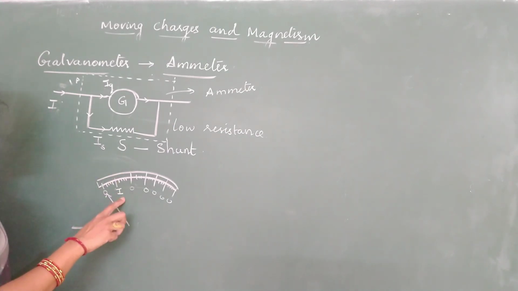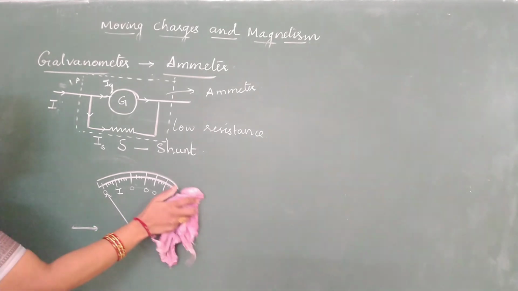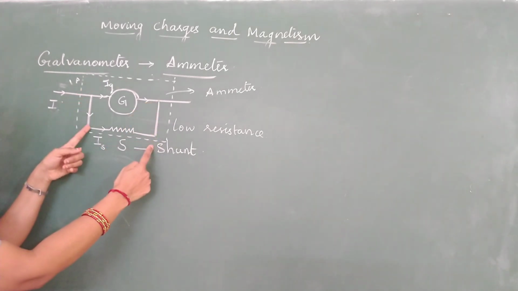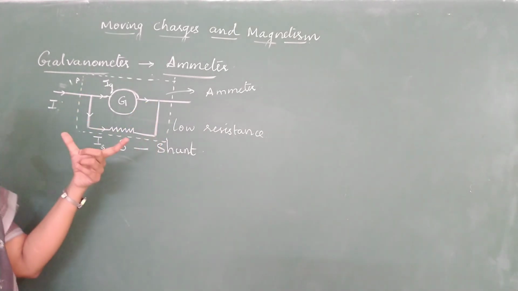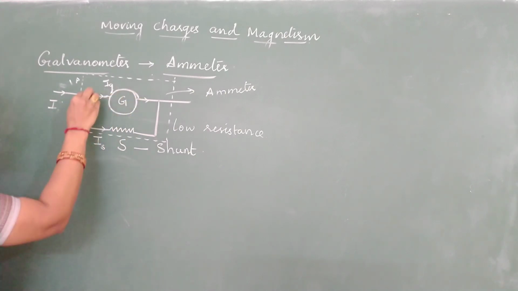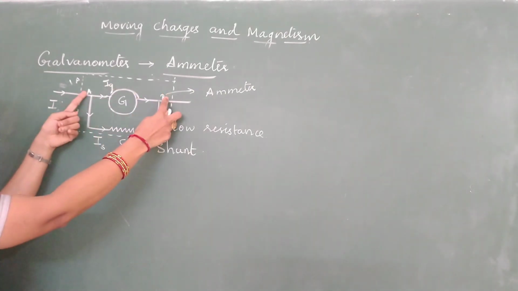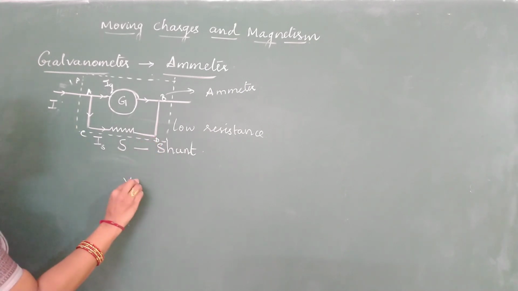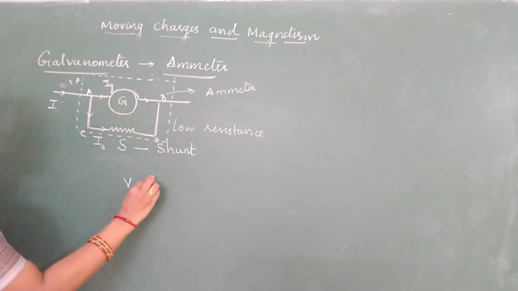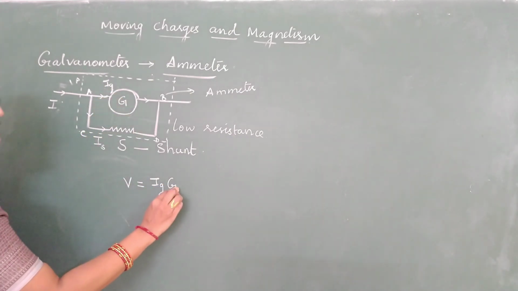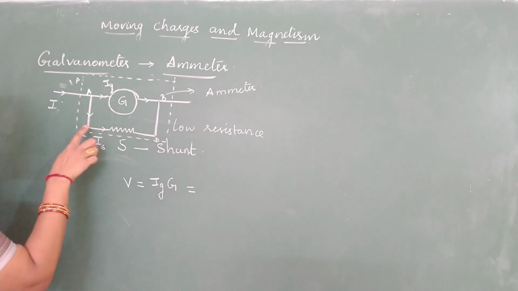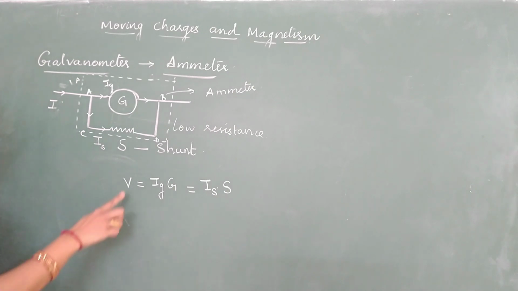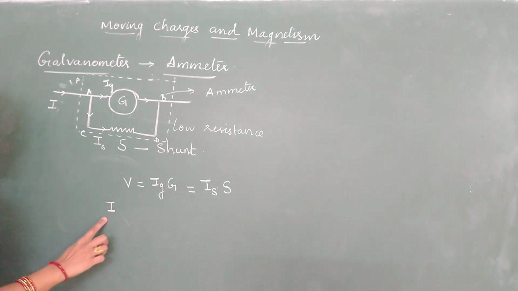So let's see how to calibrate the ammeter. We know these two branches are in parallel combination. Whenever two resistors are in parallel, the potential difference between A and B should be the same as the potential difference between C and D. How do we write the potential difference? Current into resistance: Ig into G should be equal to the voltage across C and D, which is Is into S. Now can we write V as total current into total resistance?